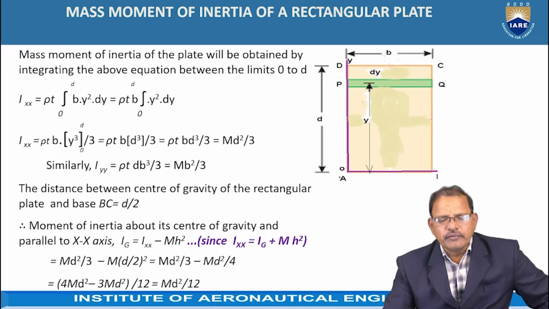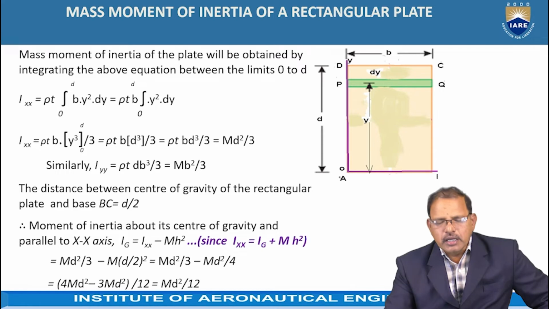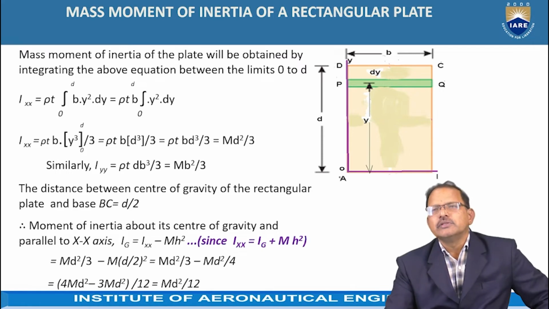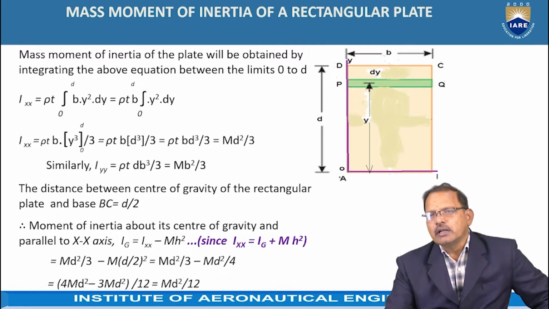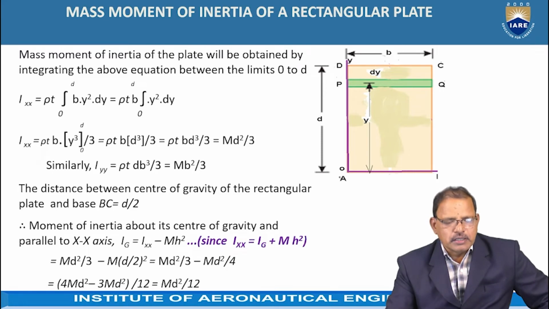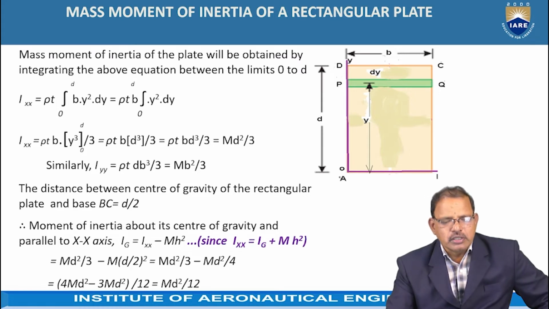The mass moment of inertia of the plate will be obtained by integrating the above equation from the limits 0 to d to get the moment of inertia about the line AB or the x-axis, which is passing through the bottom of the plate. Ix is equal to rho T into integral 0 to d of B y square dy.